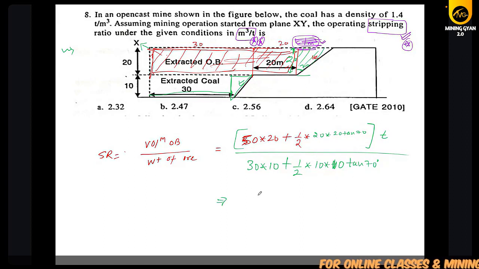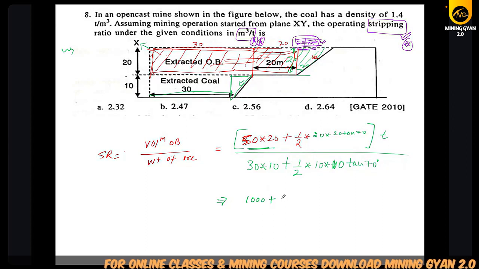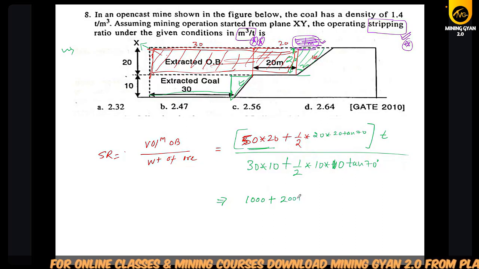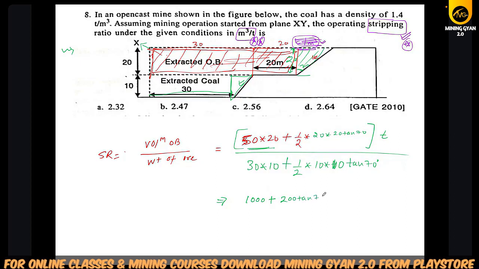So now this is the calculation part. To multiply this, 1000 plus 10 200 200 10 tan 70 divided by 300 plus 50 10 tan 70. Stripping ratio we are calculating.